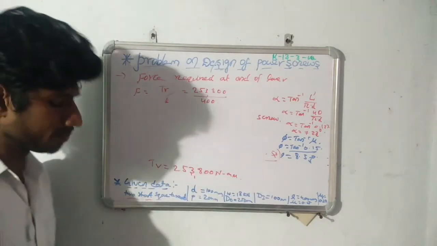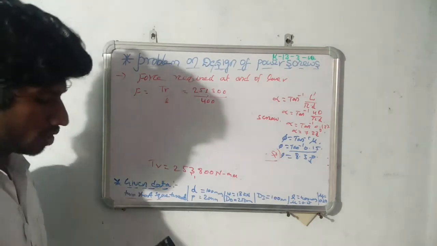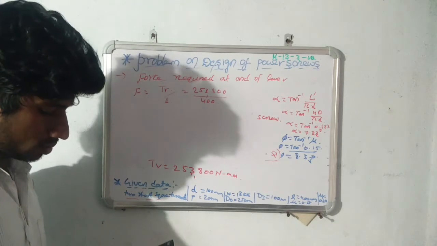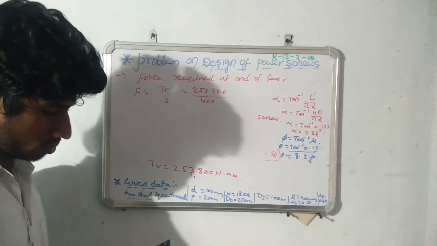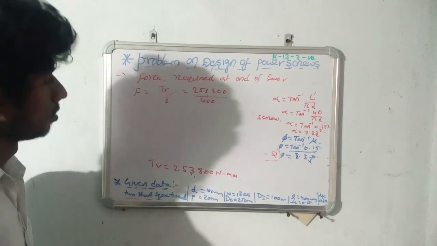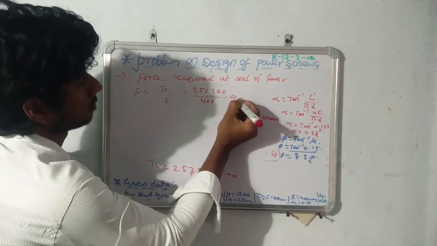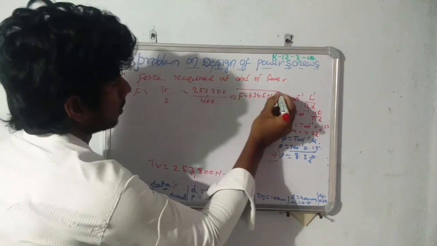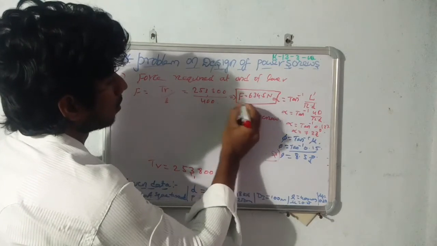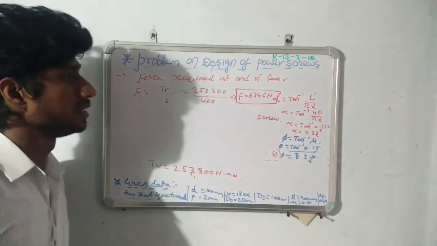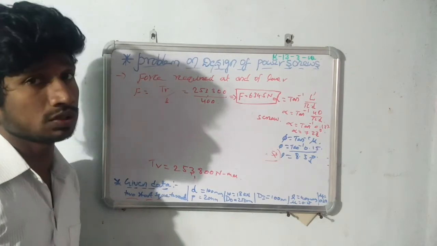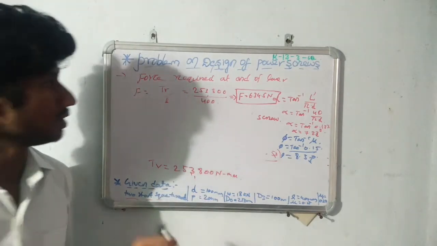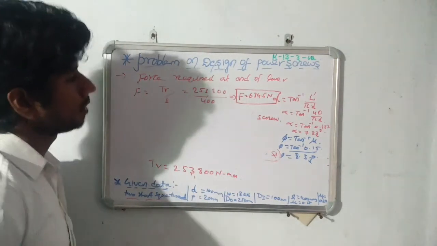By simplifying this, we get the amount of force required: F equals 634.5 newtons. In case of the raising load condition, we require 634.5 newtons of force to lift a load at the end of the lever. This is about the first step, and let's go to the next step.